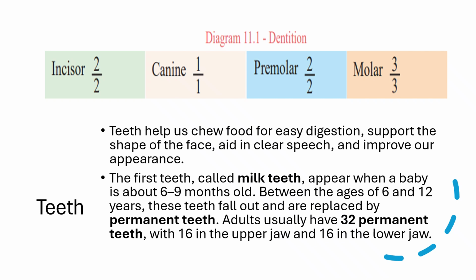And here's a diagram on dentition. So incisors are 2 over 2, canine is 1 over 1, premolar 2 over 2, and molar 3 over 3. This is not 2 to 2, this is 2 over 2. That's how the teeth are located.